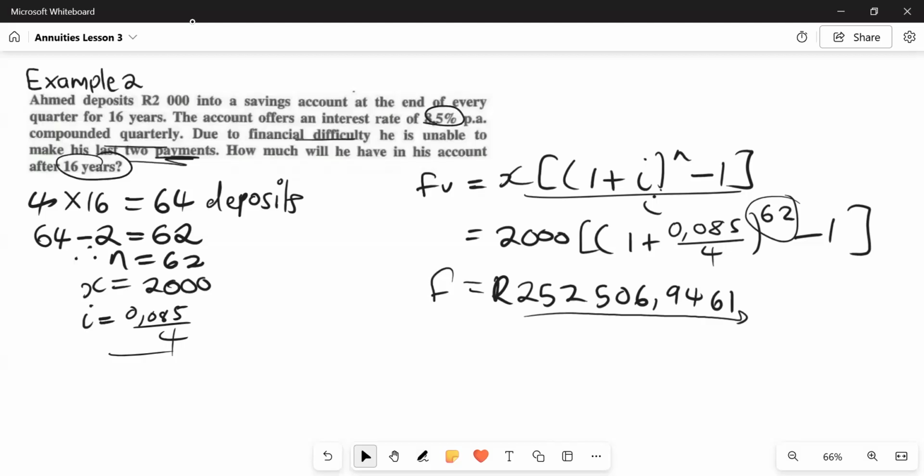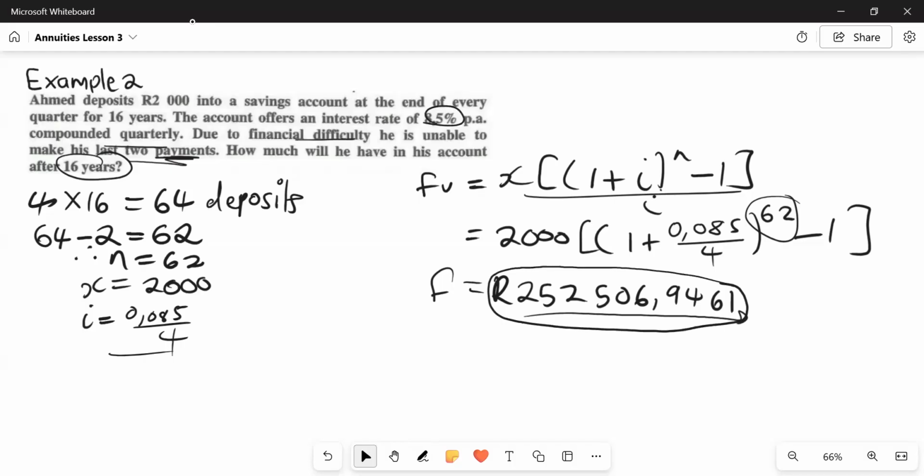So now, since he couldn't make the last 2 payments, then we can conclude to say this amount accumulated an interest for 2 quarters.